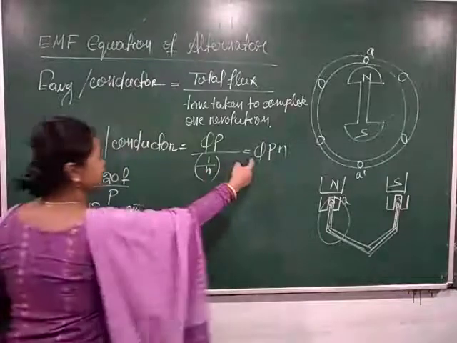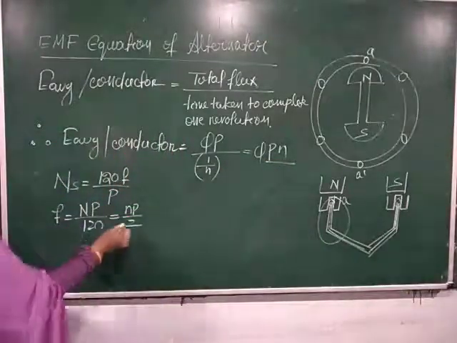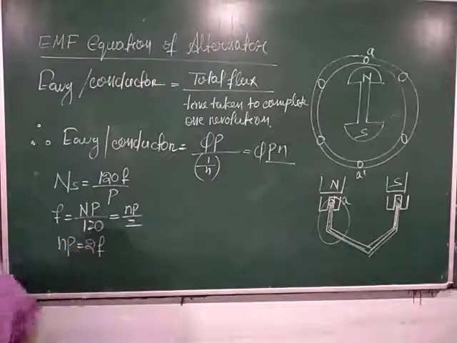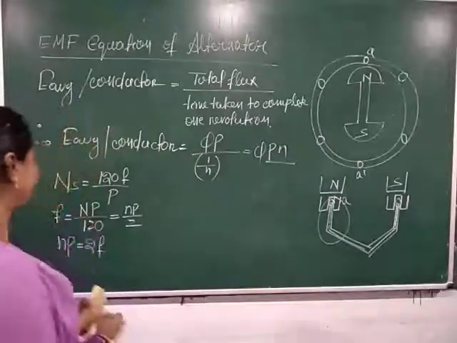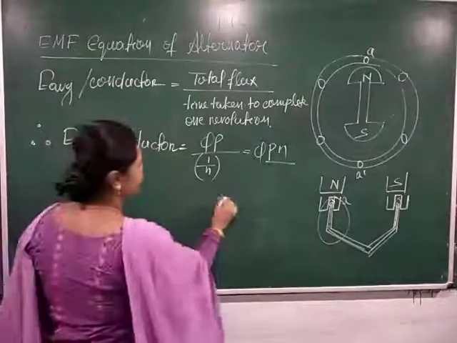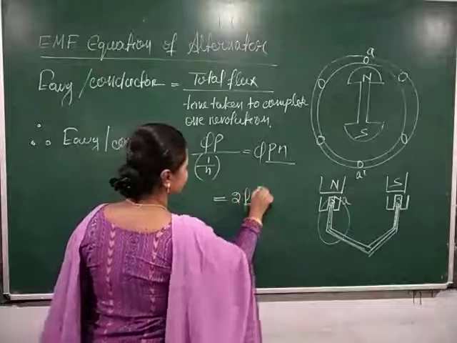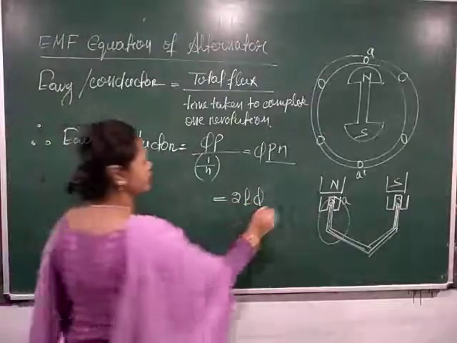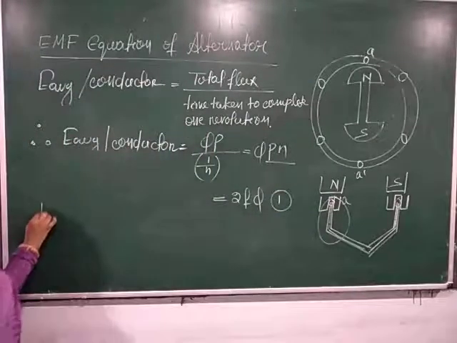So in this equation, in place of nP, I may write 2F. So I put 2F Phi. Take it as equation number 1.